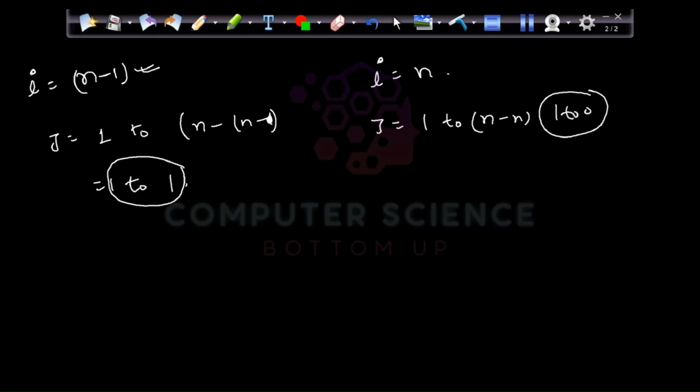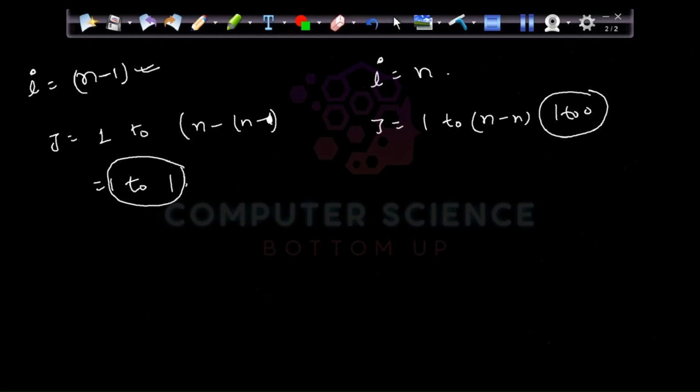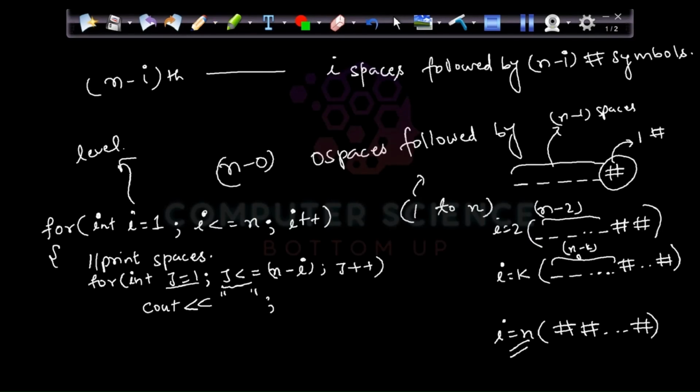That's not going to happen. I have initialized the for loop with int j is equal to 1, so at the very first condition check, j should be less than or equal to n minus i, which is 0. Since j being 1 is not less than or equal to 0, it fails the condition check and will not go to this cout. This is how I will print spaces.